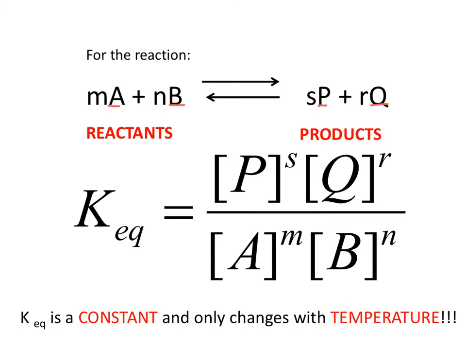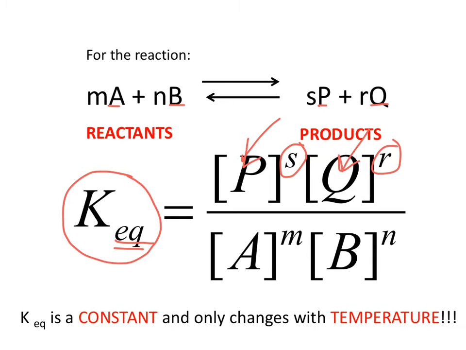Okay, so when we write the equilibrium constant expression, we start with writing K, and you don't have to really worry about writing the EQ subscript, but K is equal to the product concentrations, and in this case the exponents are the coefficients of the balanced equation.